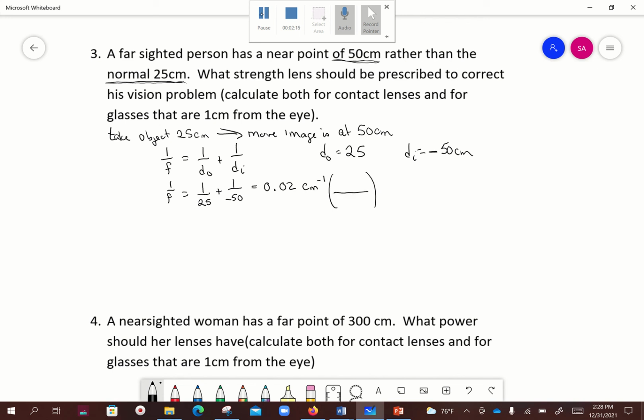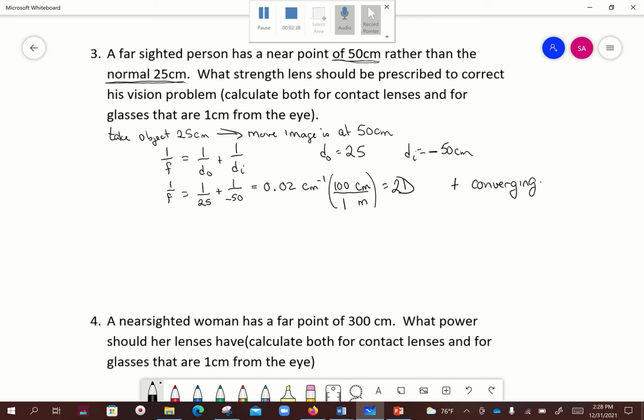So I need to go from per centimeter to per meter. So I need to do this, 100 centimeters in 1 meter. I get 2 diopters. Okay, so this is a positive. Okay, so it's a converging lens. Positive focal length is a converging lens.